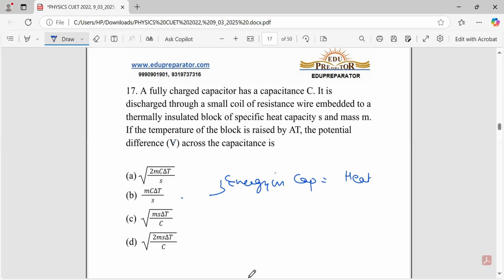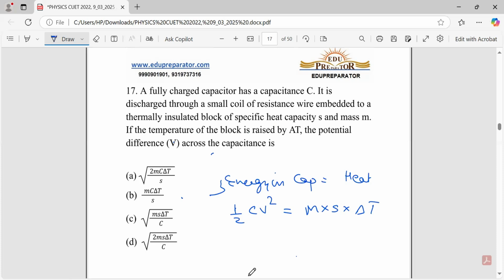Okay. So energy in capacitor is half CV square, and energy produced is equal to mass into specific heat into change in temperature.